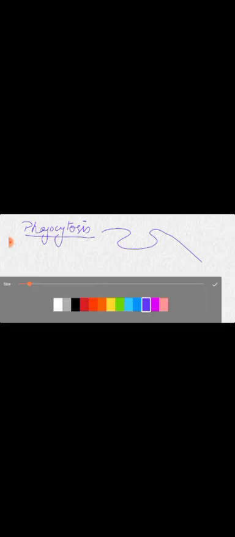An invagination occurs, like this, and allows that foreign body to be engulfed, taken into the cell by the process called phagocytosis.